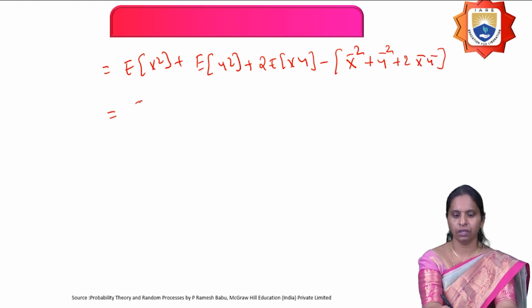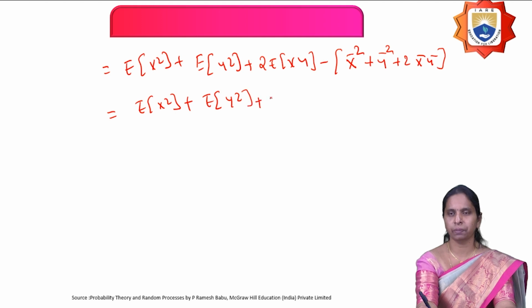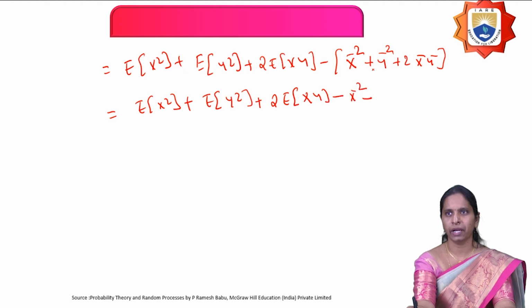So it equals E of x square plus E of y square plus 2 into E of xy minus x bar square minus y bar square minus 2 into x bar into y bar.